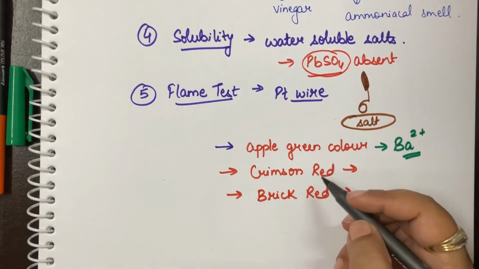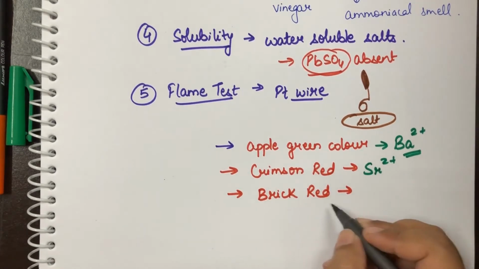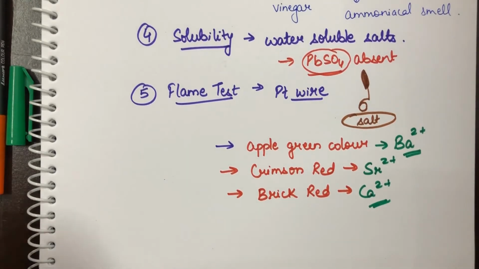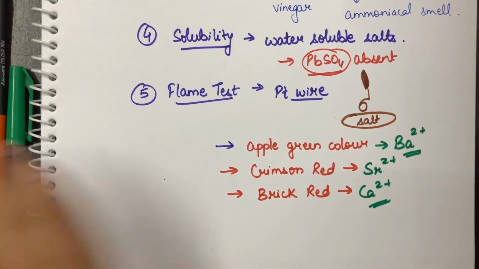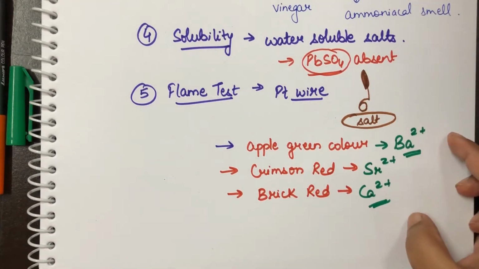If it was crimson red flame, then you can say strontium is present as the cation, and if it is brick red, you can say it is calcium ion that can be present as the cation. Now these are the three colors that you can see. Apart from that also, if you see any color, that can indicate a different cation.